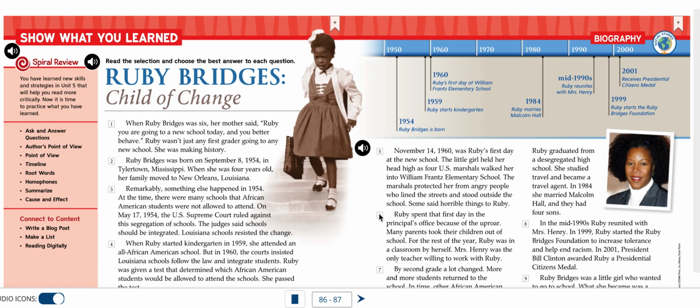Now, a lot of times when we have biographies, we see some text features in there. And so right now I see a timeline over here, which looks like it is the timeline of her life.